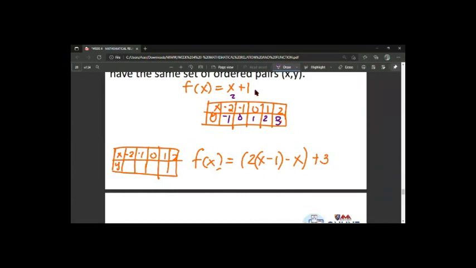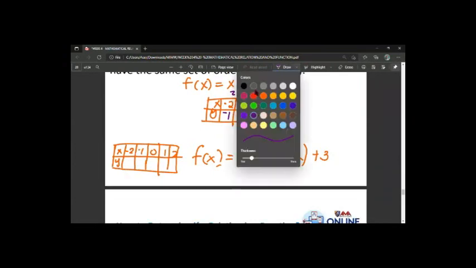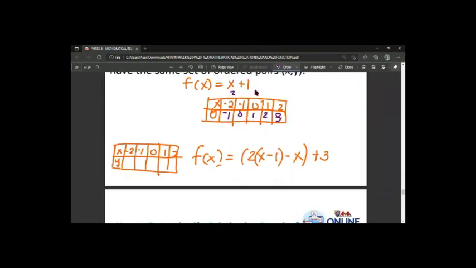X and Y or ordered pairs nila if we substitute the same values here. Okay, isa-isahin natin. Tingnan natin kung same. So dito, substitute tayo ng negative 2, right? Dito, negative 2 rin. Okay, that is negative 2 minus 1. That is negative 3. Negative 3 times 2, that is negative 6.